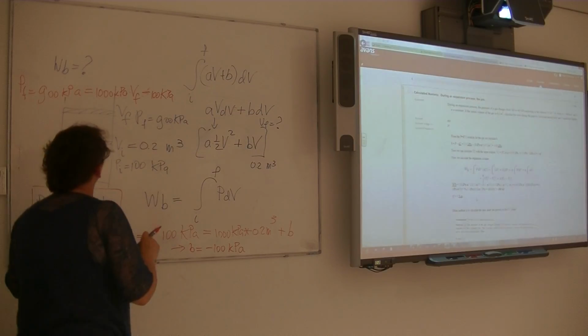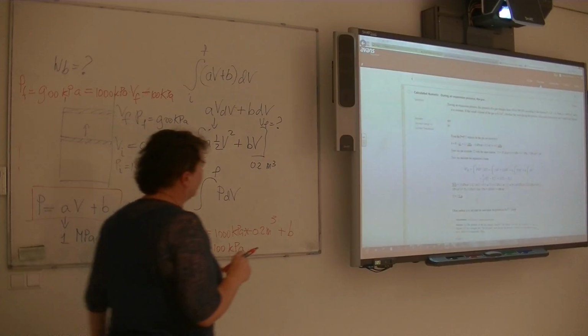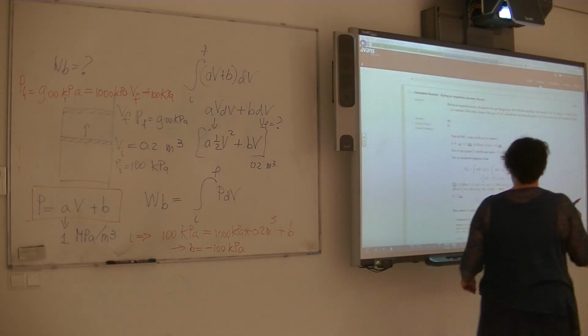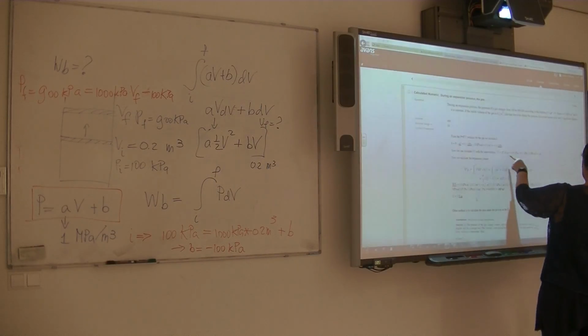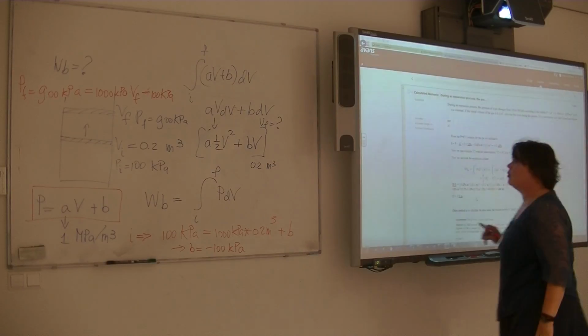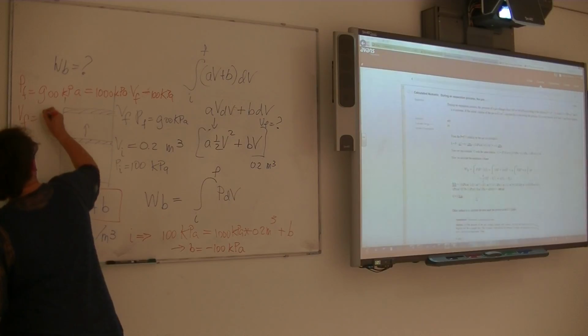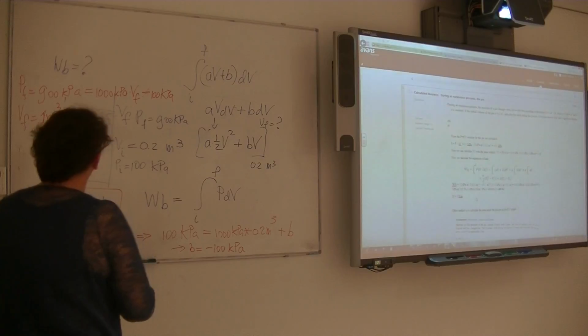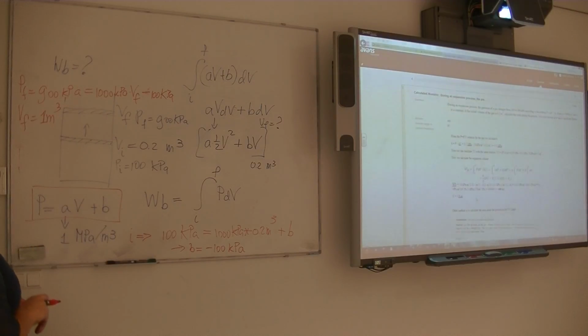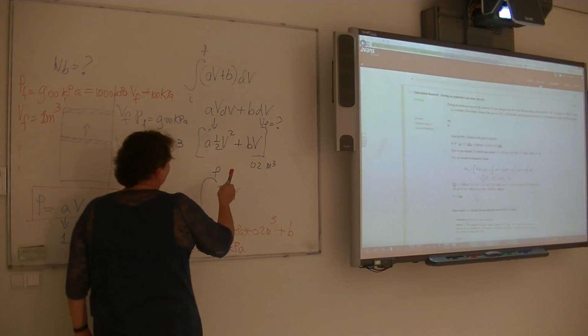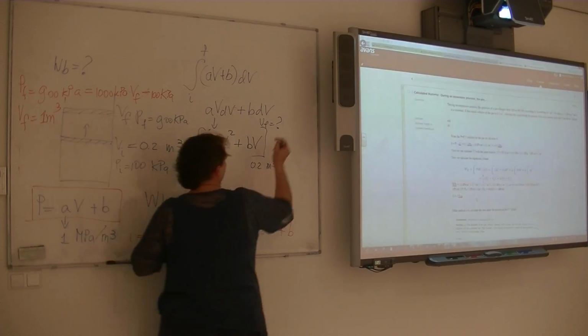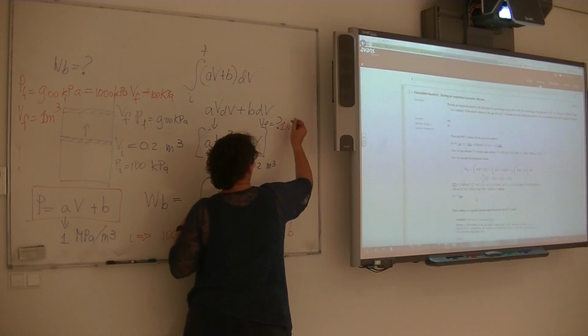So from this we can calculate the final volume using the relation between P and V, which is 1 cubic meter.